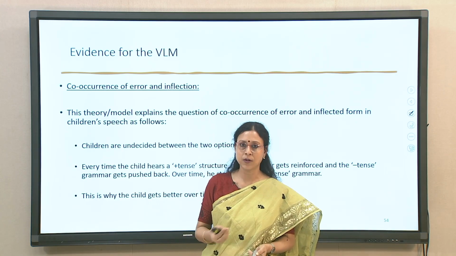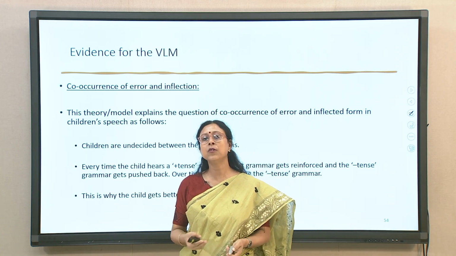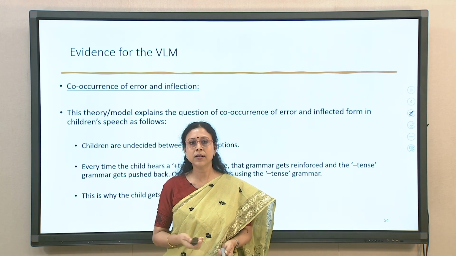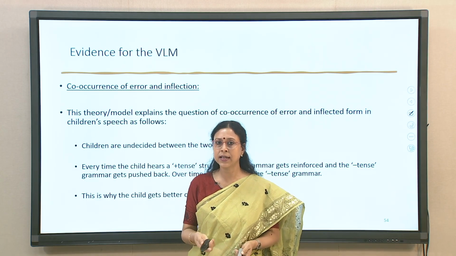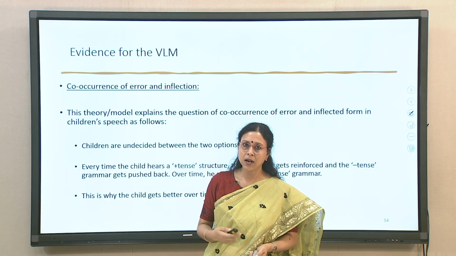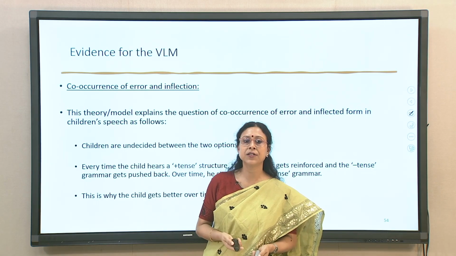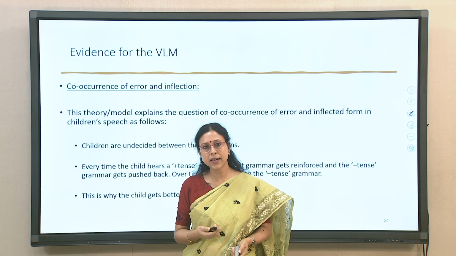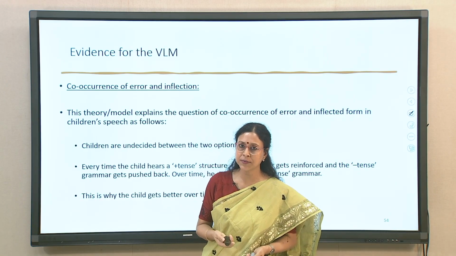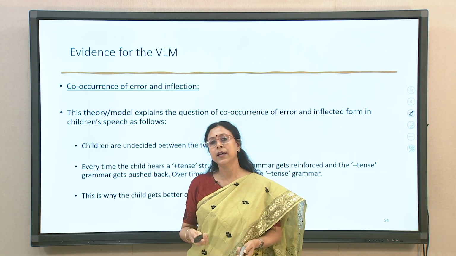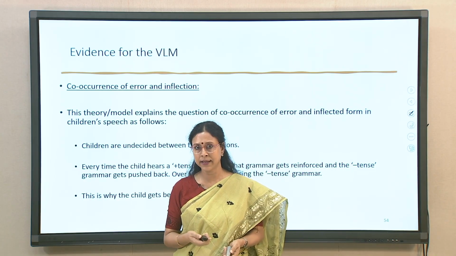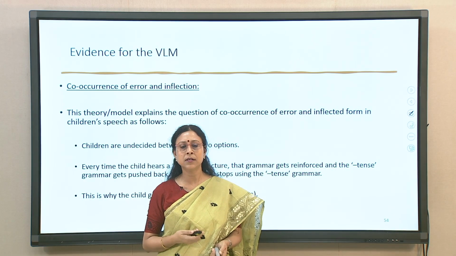It is like either or, you either get the rule or you do not get the rule, but you cannot get the rule and still make mistakes. That is where VLM seems to have an explanation for that, because this theory explains the co-occurrence of both the inflected version as well as the errors in this way.